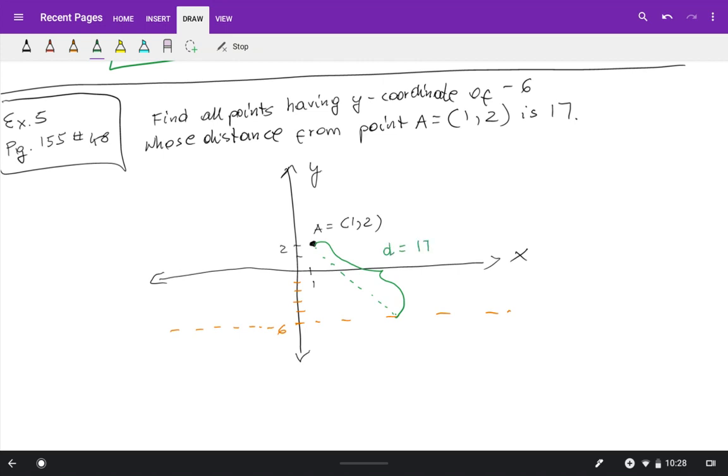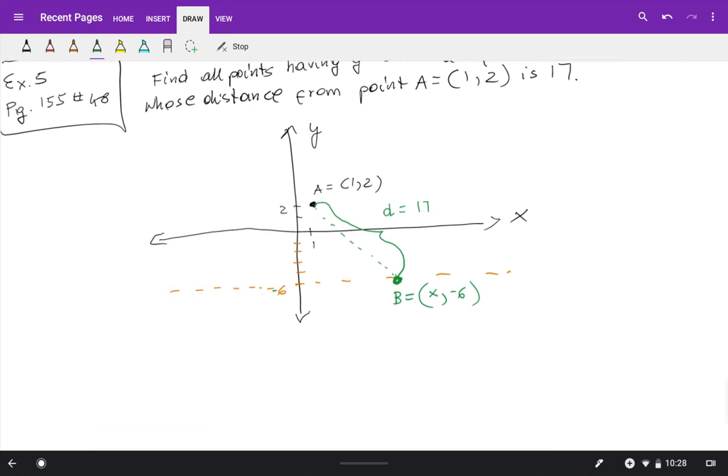The point we're trying to find, we label B. We don't know anything about the x coordinate, so I'm going to label that x. However, we know that this point has to have y coordinate -6. So we need to figure out the x coordinate of point B, which has a distance 17 units away from the given point A.